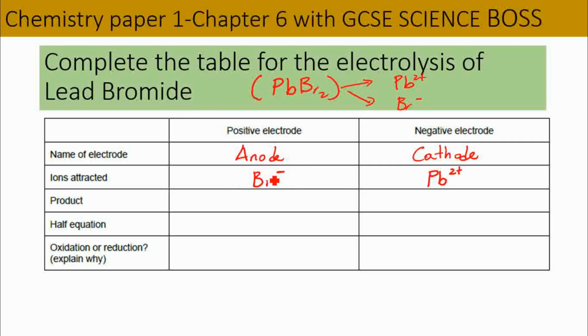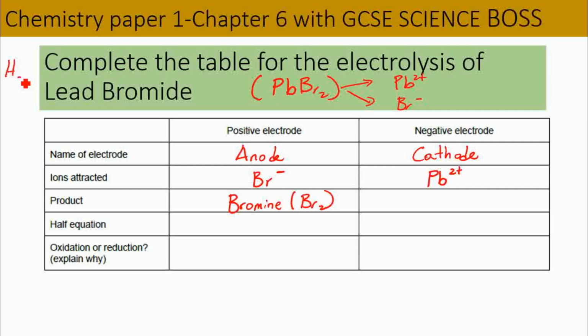Now, when the bromide gets to the positive electrode, to the anode, it's not going to remain as bromide. It's going to change into bromine, Br2. So just remember, have no fear of ice cold bear.